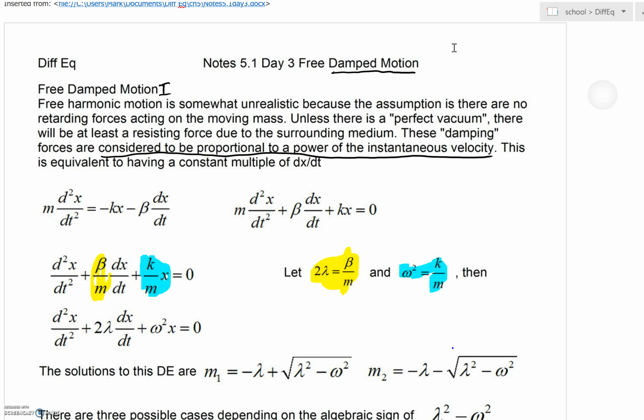So when we had undamped motion, we started off with an equation, and of course we simplify that. That second derivative was just equal to the opposite of kx, but now we're going to say we very well are going to have another issue arising, and that would be a proportional situation with the instantaneous velocity.